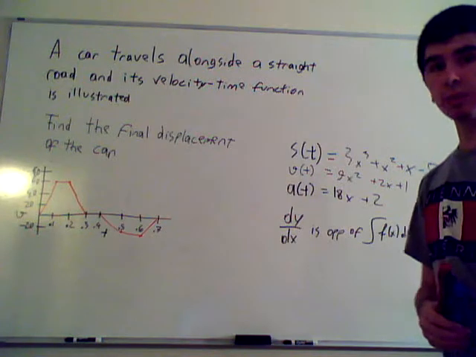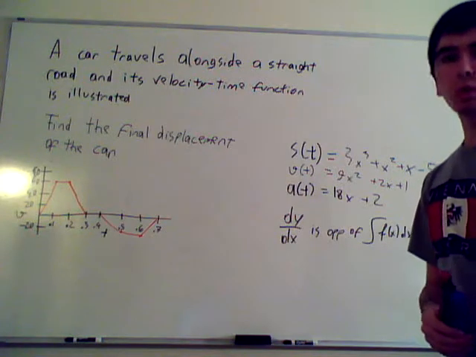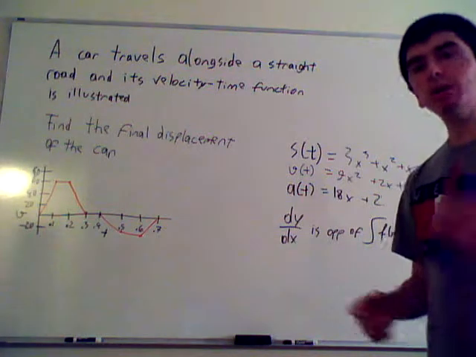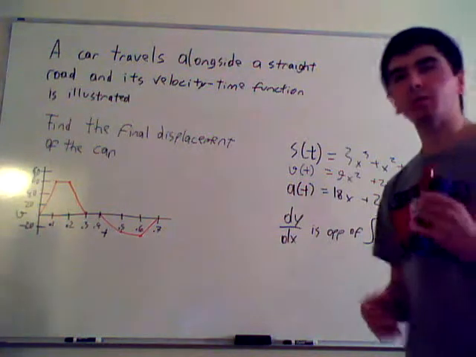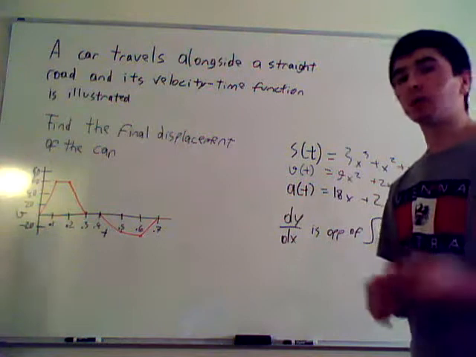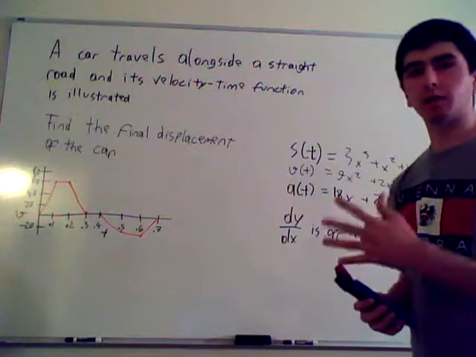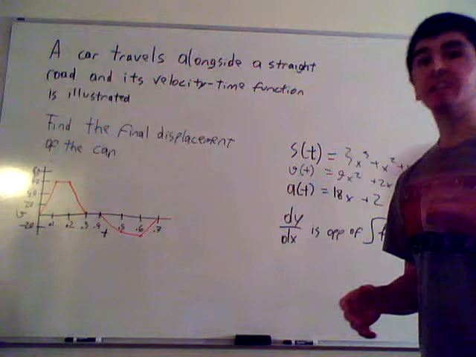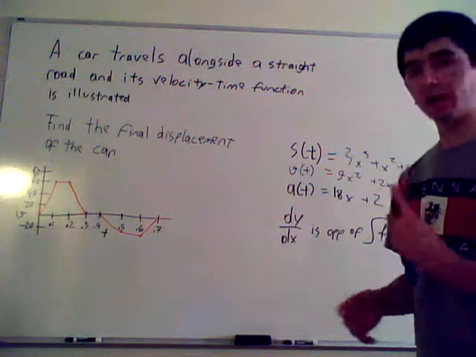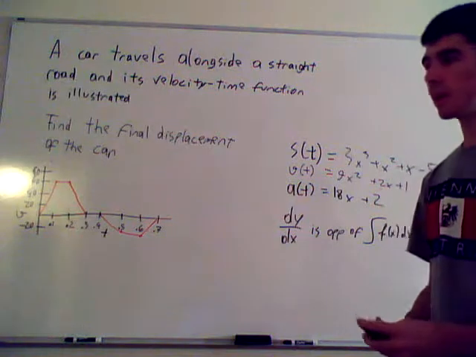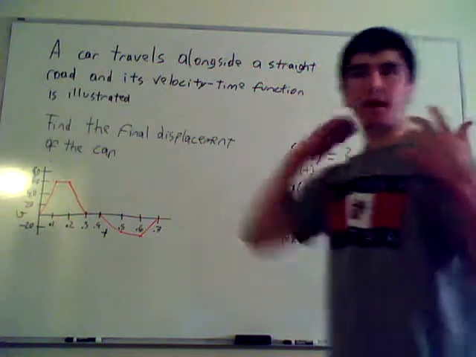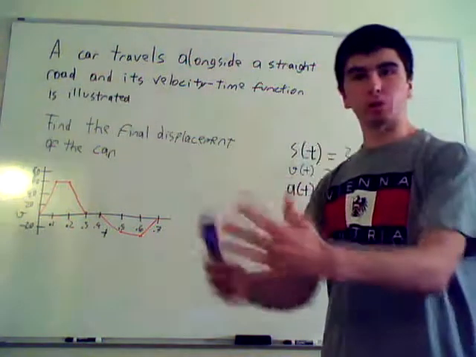So what you need to be concerned about is what you did when you didn't know how to take a derivative yet. What was the derivative really telling you? It was telling you the slope of the function that you were analyzing. Derivative is slope. Integral is area. We're looking at area under a curve. So when you were looking at how fast the function is going, you were looking at the slope.